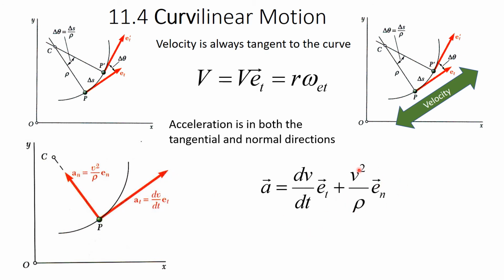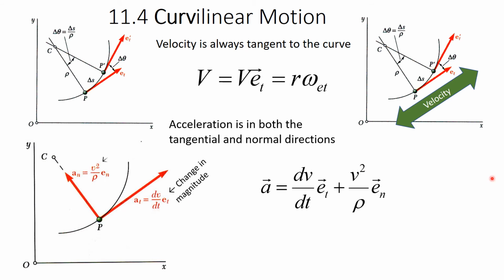We also have a normal piece of it, and this is describing how the direction is changing. This particle has to keep getting pulled to the center. So the direction change is towards the center in the normal direction. The tangential piece of it is the magnitude.